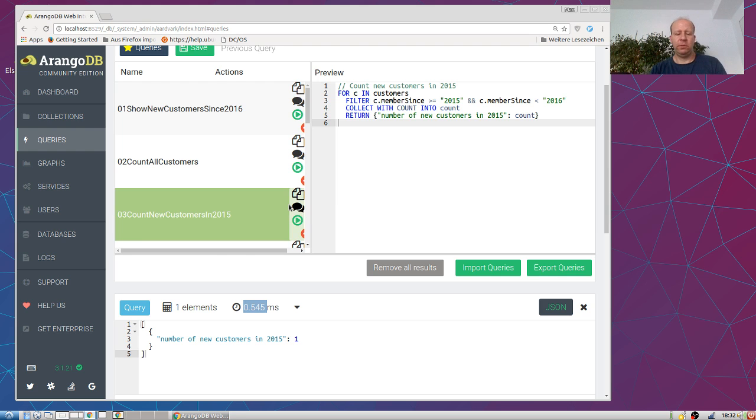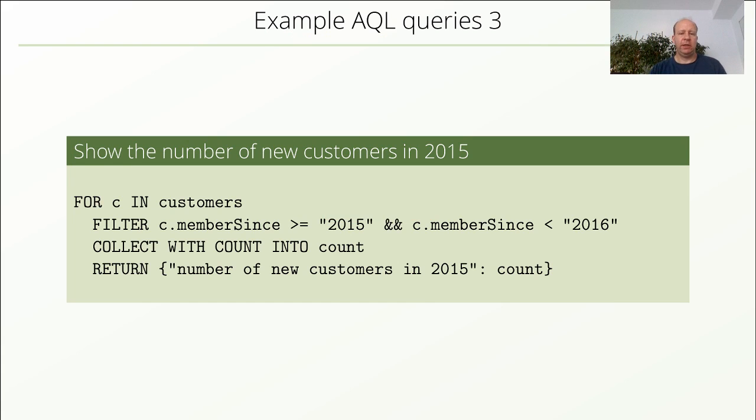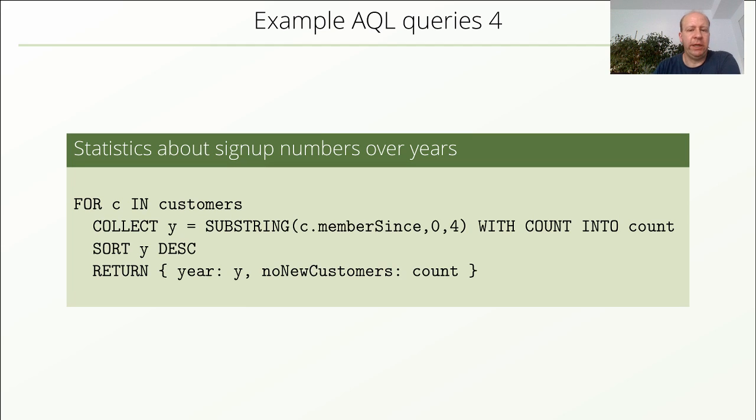Right. You see, this is just a single collection. It's just relatively homogeneous data. We could have done this with any kind of data store. Maybe one more thing just with the customers. This here is a statistics and aggregation of those over the years.